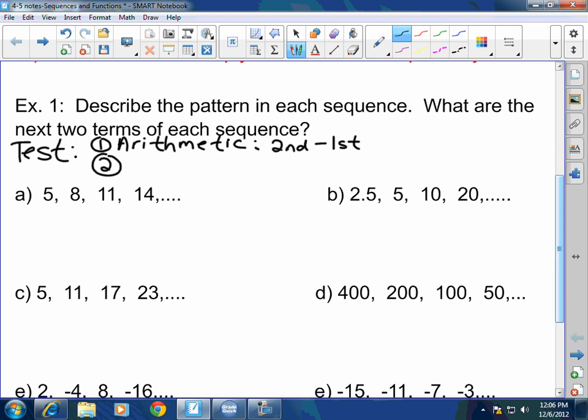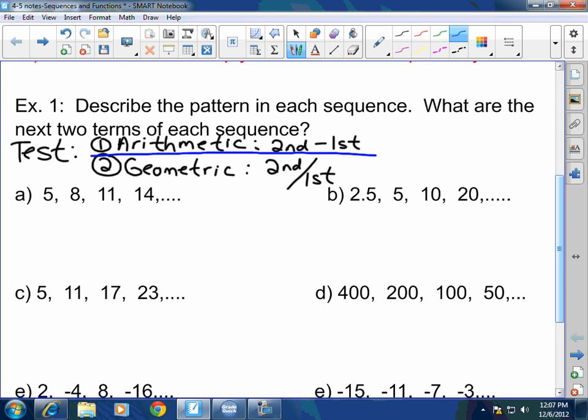To test for geometric, it's second term divided by first term. Again, the answer to the arithmetic must be added repeatedly. The answer, if it's a geometric, must be multiplied repeatedly.